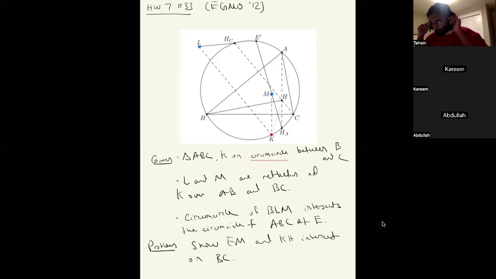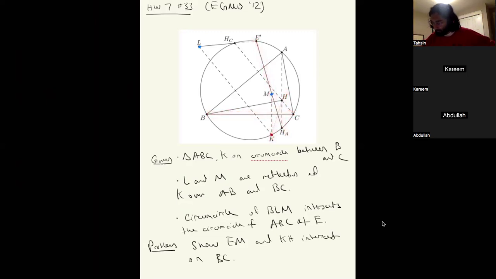So we wanted this EM and this KH to intersect on BC. Okay, so that was the problem.